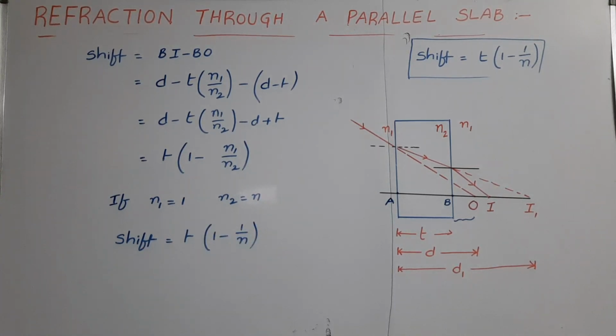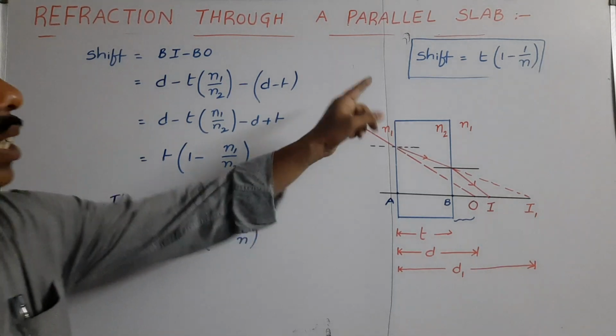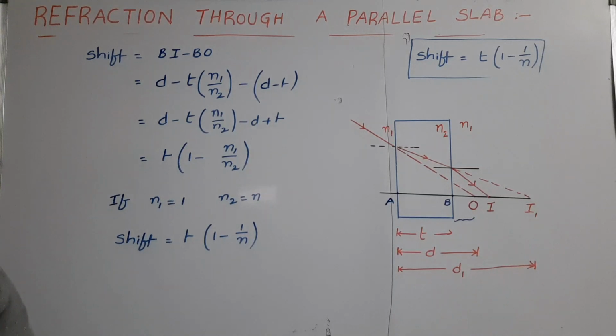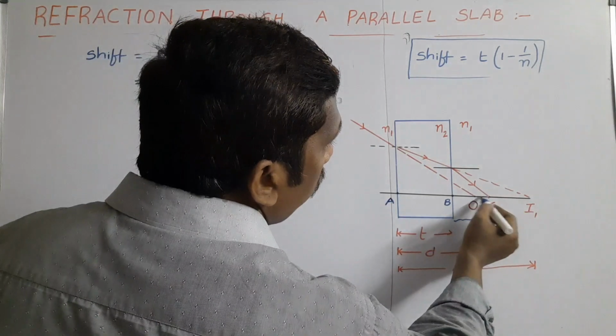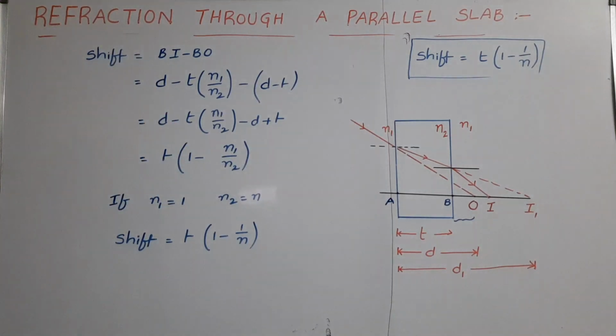So for a real object or virtual object, the shift formula is the same. Shift takes place due to the slab. But in which direction does it shift? Here it shifts in this direction, away from the glass slab. In the previous class case, it is toward the glass slab.